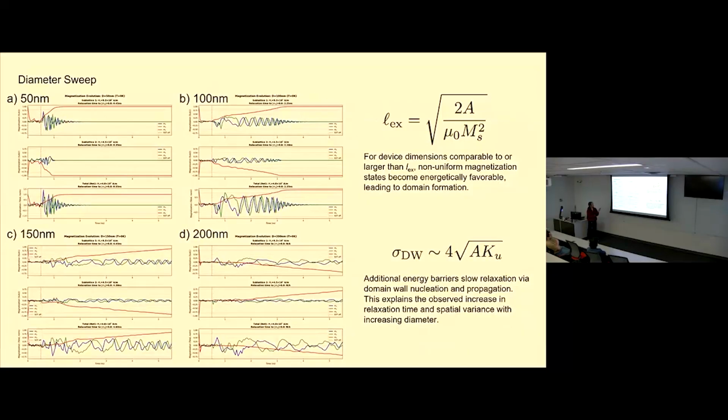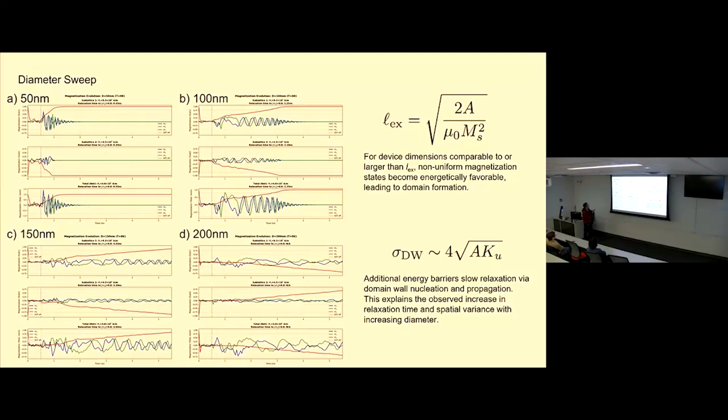If we go to the next slide, I've calculated the relaxation time. Going from 50 nanometers to 200 nanometers, here the first two are sublattice 1 and sublattice 2, and the bottom is the total.